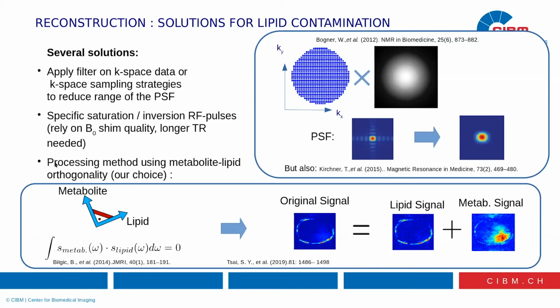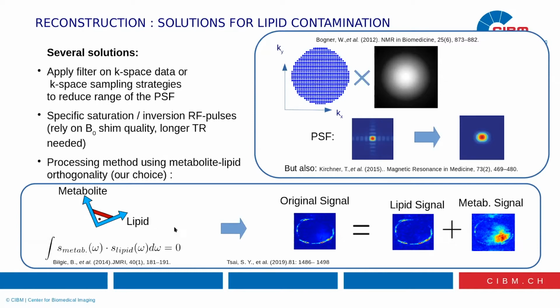There is a last solution that we have chosen for processing the lipids, which is post-acquisition methods. Let's say we acquire the entire data and we process these data using a metabolite-lipid orthogonality principle. Roughly, it says that a metabolite spectrum and a lipid spectrum are orthogonal.